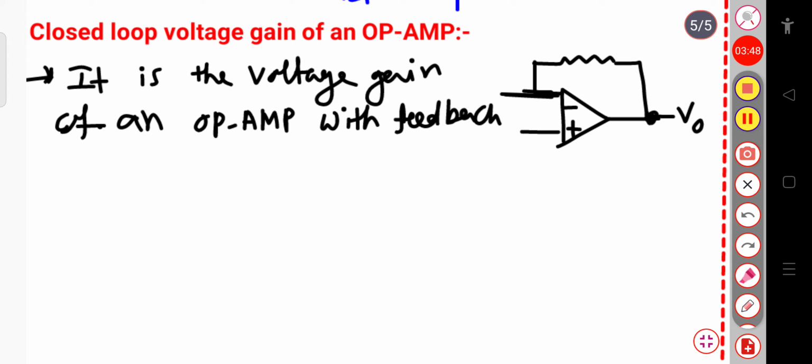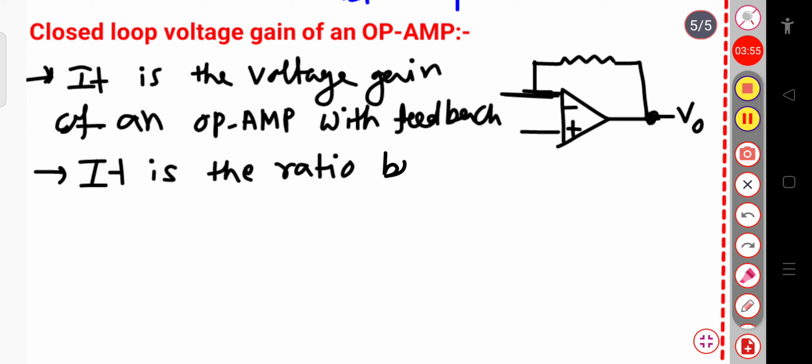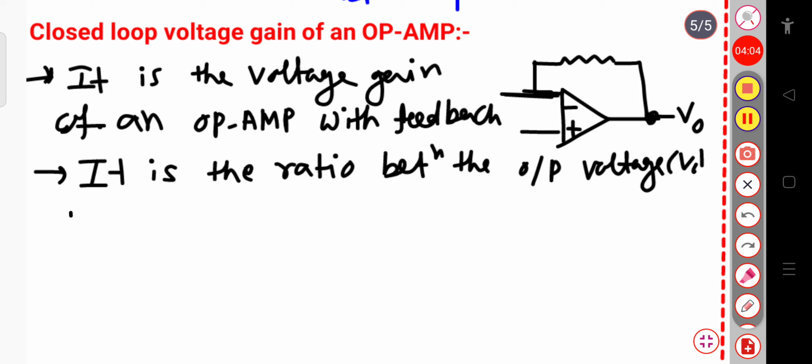Okay, so this is the ratio between the output voltage, that is our VO, to the input signal voltage that we may supply at this terminal.